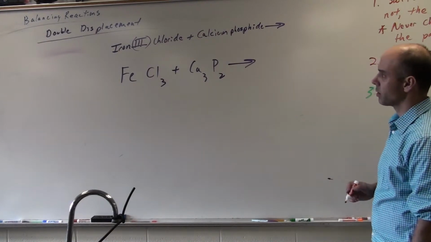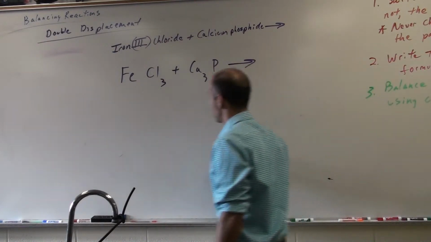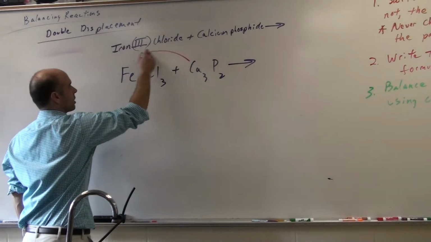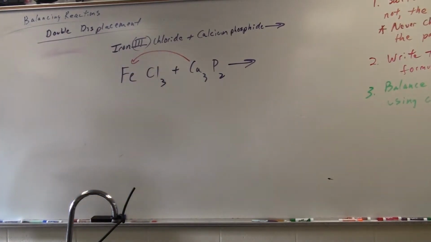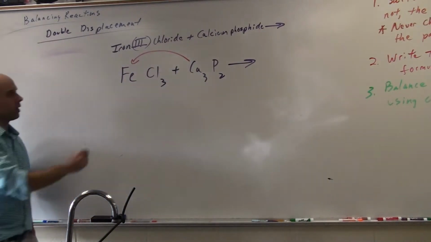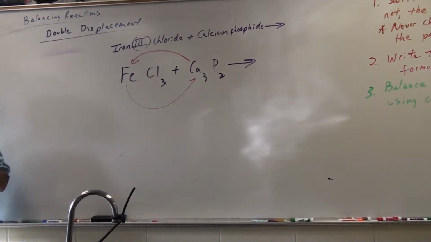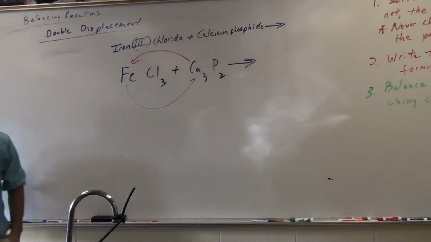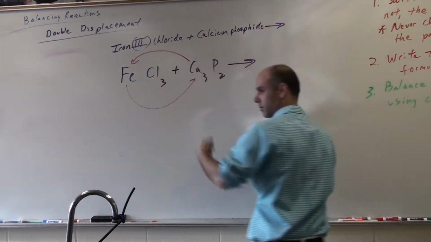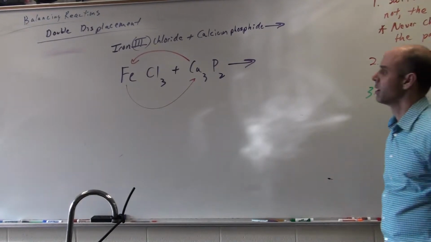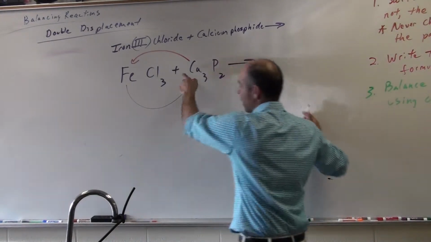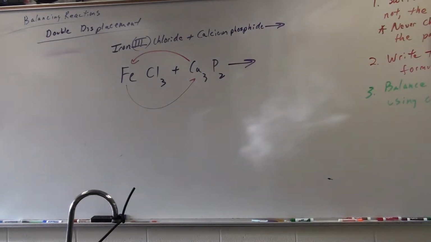The reason why it's called a double displacement is because the calcium is going to displace the iron, and then the iron is going to displace the calcium. A double switch, if you will. Switch the symbols, not the subscripts.